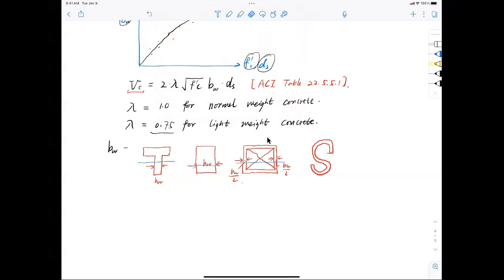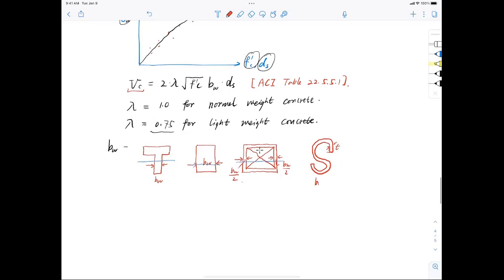What would be my BW? Before I do anything, let me tell you that this S has a uniform width of T across this pattern here. Think for a second, what would be the BW for this section?